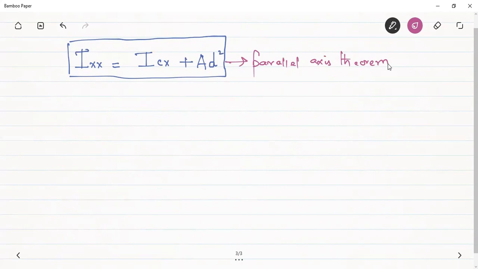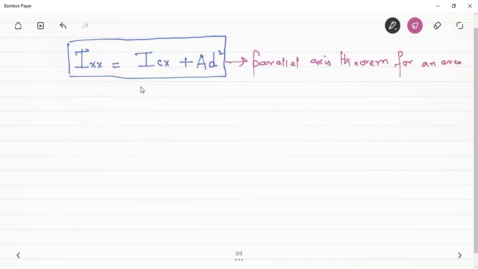Whether it is asked about the area or the mass, the procedure will remain the same, only the area and the mass terms will get interchanged. So this is the parallel axis theorem for an area. We have also seen the use of this formula, and in further questions we can again see the use of this term.